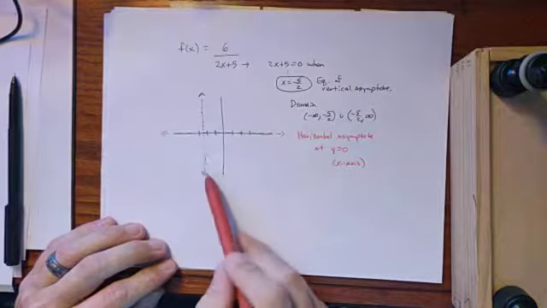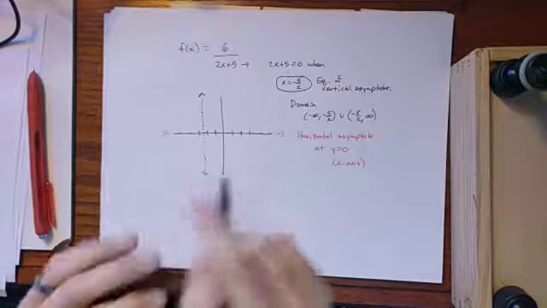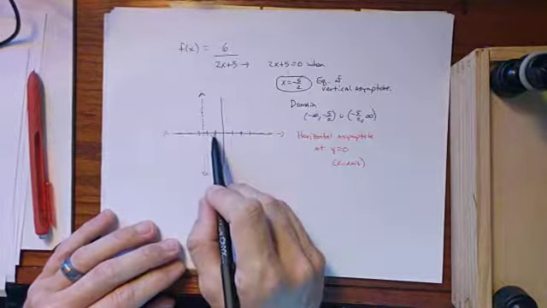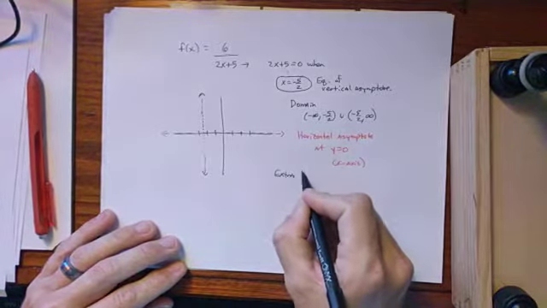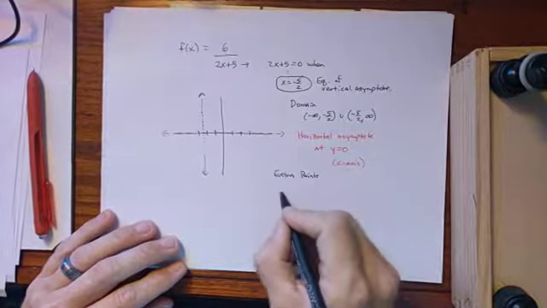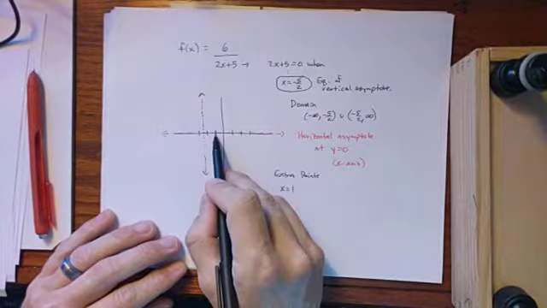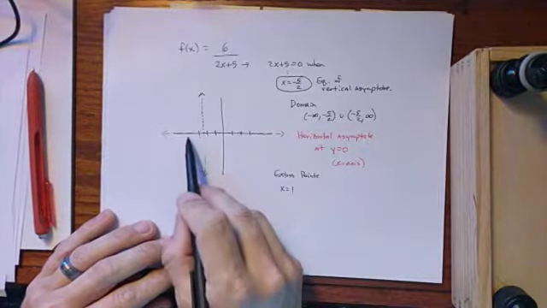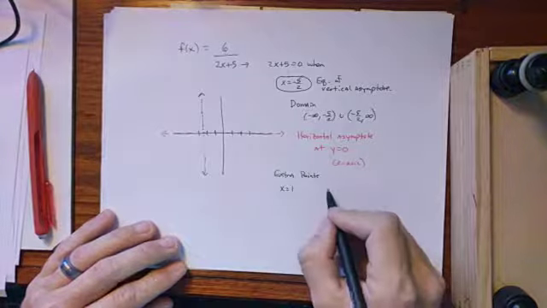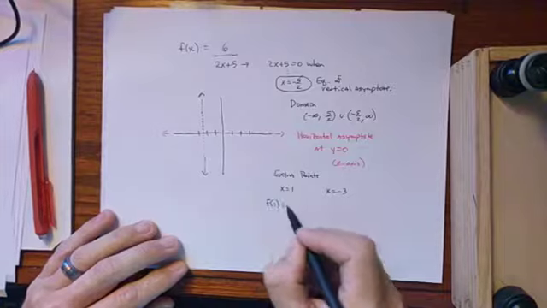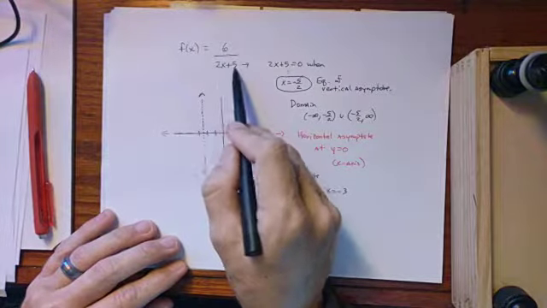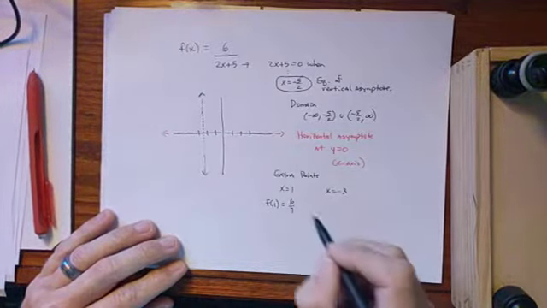Okay, so there's two boundary lines here, right? So what we're going to do is pick points on either side of the vertical asymptote. So I'll pick some extra points. Say maybe x equals 1, so that's over here, and then maybe negative 3. So when x equals 1, f of 1 is 6 over 7, right?